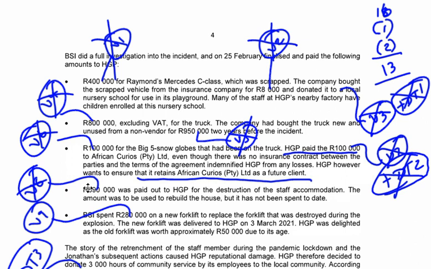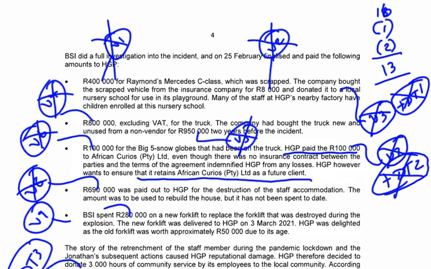They spent 280,000 Rand, BSI, that's the insurance company, spent 280 on a new forklift to replace a forklift that was destroyed during the explosion. The new forklift was delivered to HGP on 3 March 2021. HGP was delighted as the old forklift was worth approximately 50,000. What happens in an insurance claim? They reinstate the goods. There's no VAT on reinstatement of goods.